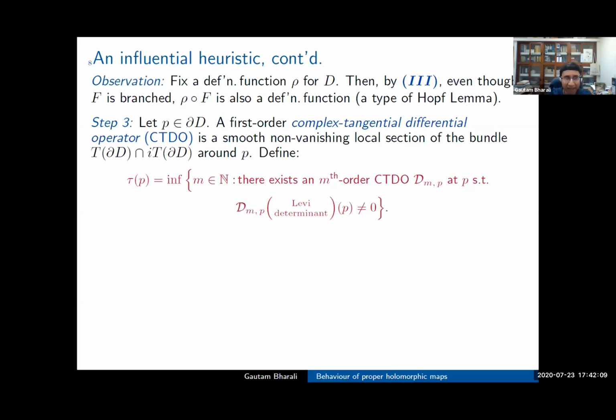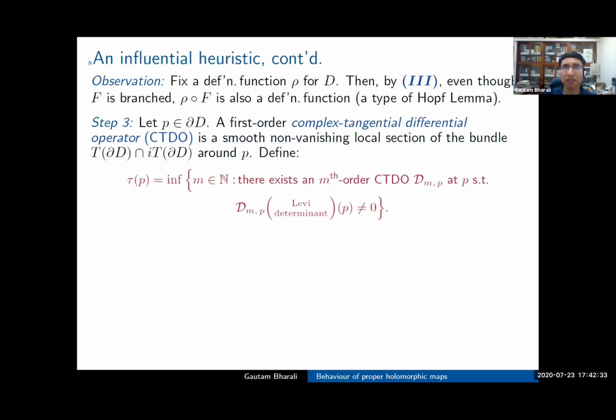So at the boundary point p, tau of p is the infimum over all m such that there is an mth order complex tangential differential operator that does not annihilate the Levi determinant at the point p.